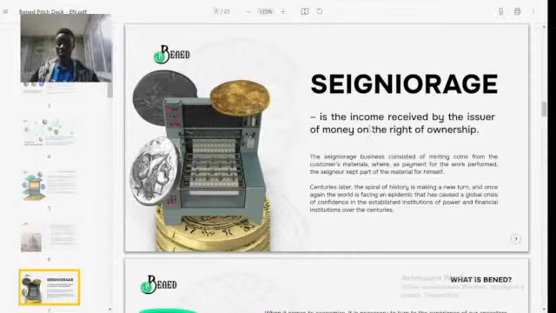Seigniorage is the income received by the issuer of money, and the seigniorage business consisted of minting coins from the customer's materials, where as payment for the work performed, the senior keeps part of the material for himself. So there's always a transaction between one person and another, and the one in charge of this seigniorage is called the senior, and the other person is called the customer.